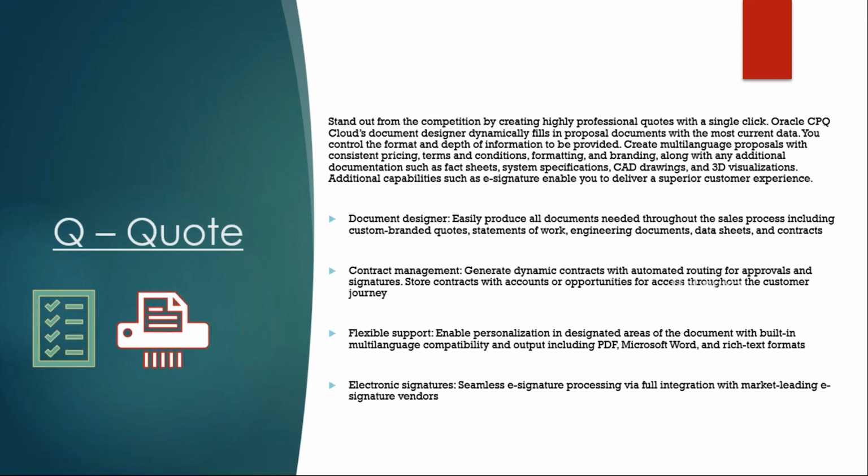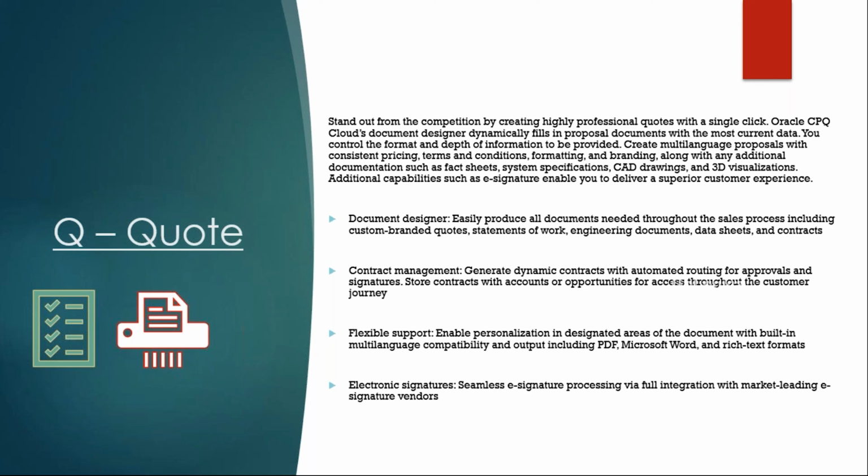Generally we generate a document using the document designer, where we have all the product information, all the price information, and the totals of the quote. And if you want a cover page or a DocuSign signature, we have section-based conditions and loops. Those things we can do with the doc designer.